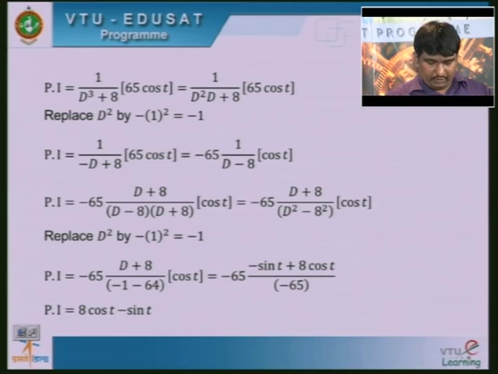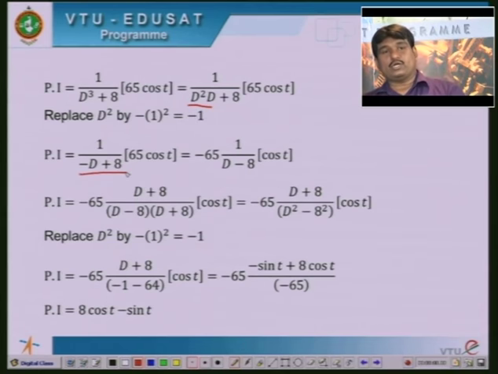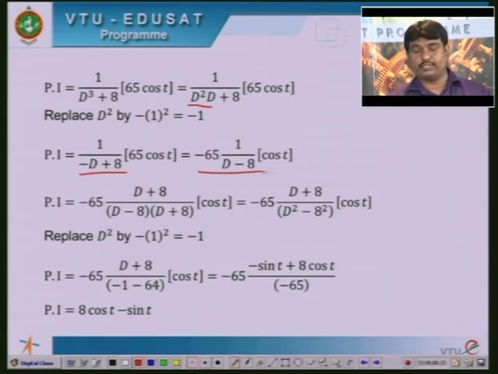So here we have the D cube term, so express that as D square into D. Now replace that D square by minus 1, we get minus D plus 8 operated on 65 cos t. Now minus D plus 8 is a linear term. I have taken 65 outside, I have taken minus outside here, so it is minus 65 into 1 by D minus 8 operated on cos t.